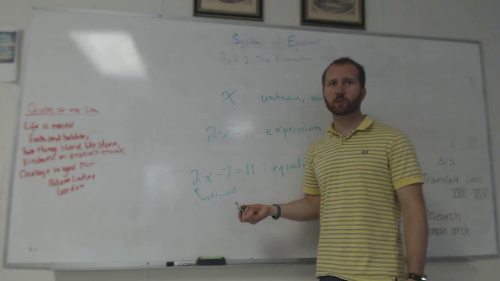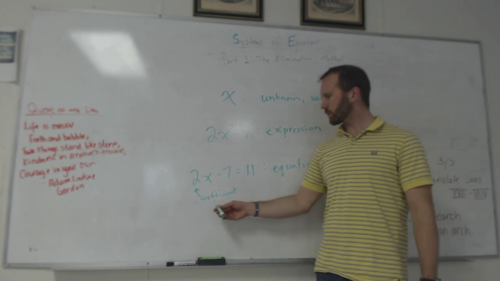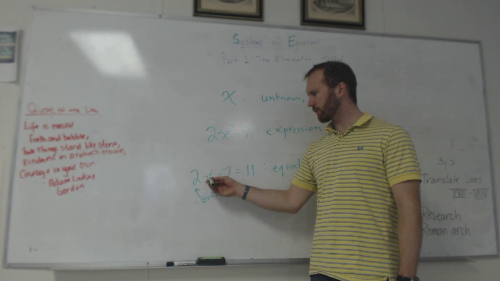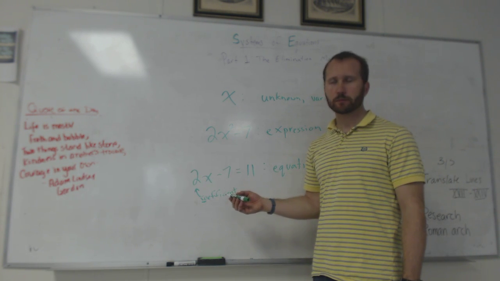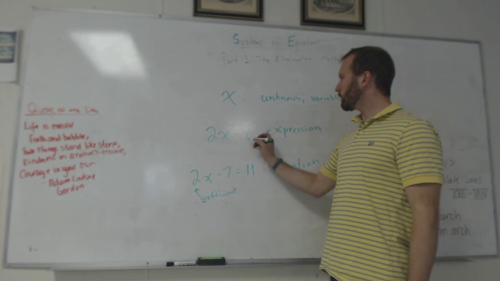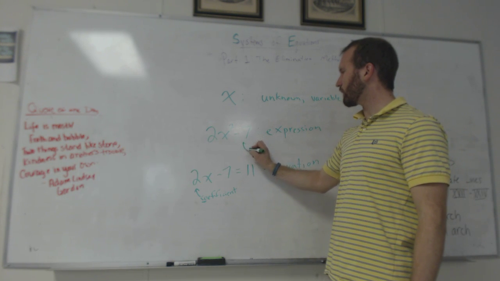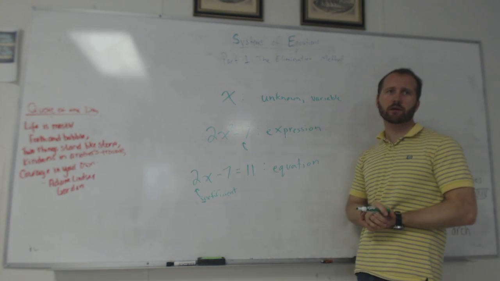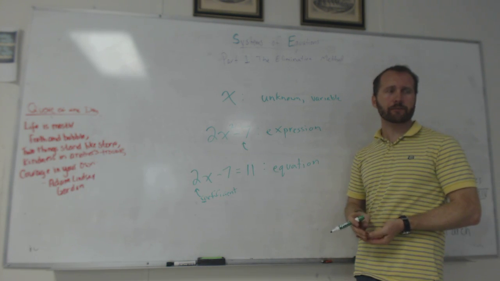I have no idea where that term comes from, but it helps to remember co usually means like with. So it's with the variable. The coefficient is with the variable. What do we call a term that doesn't have a variable? Like in this case, the 7 here, or minus 7. Does anyone remember what we call that?